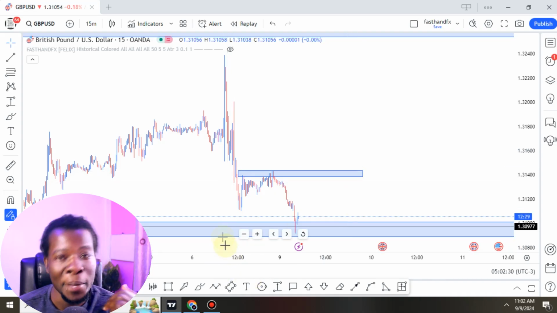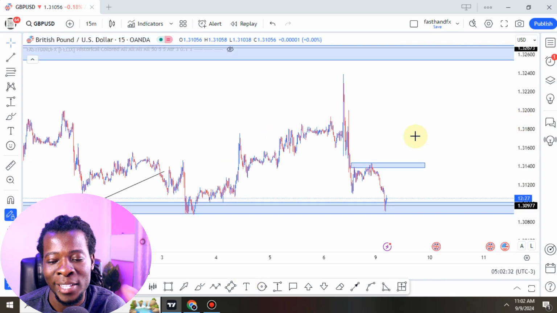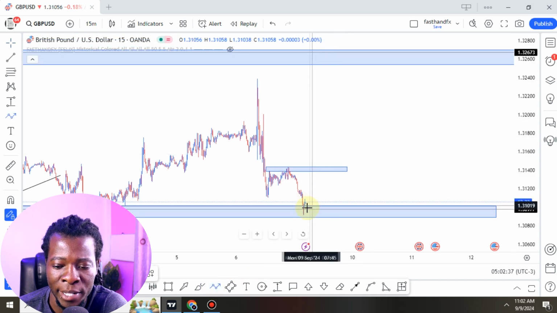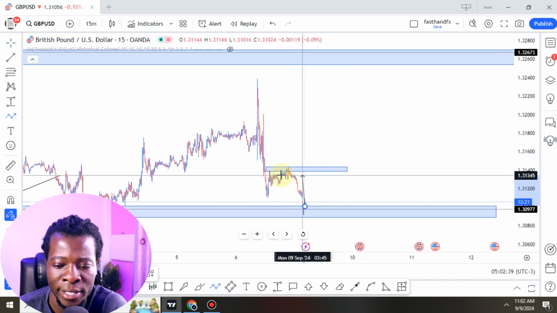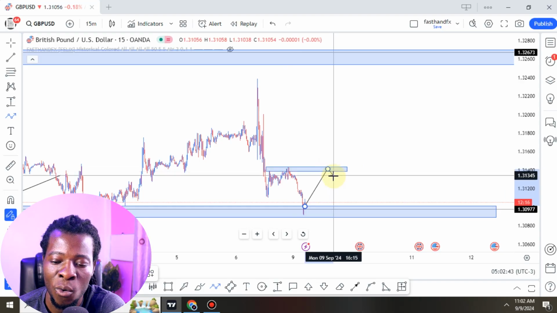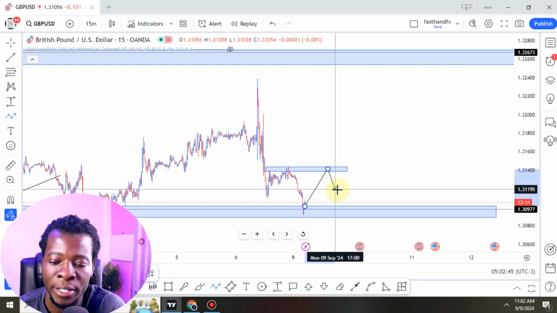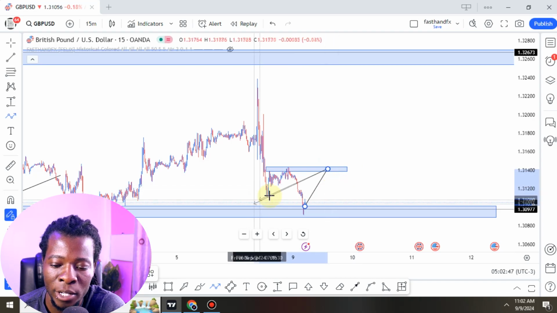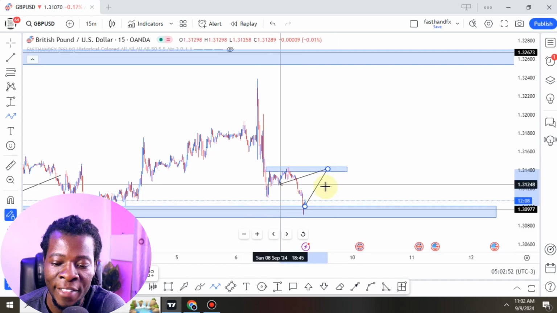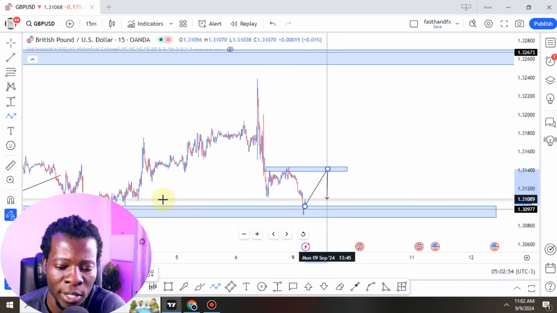Now let's see, if we were to look for buys, if I want to look for buys, this is how I'm going to approach this market. I'm still anticipating price to go back and retest this level that she did bounce off, something like this. Then once we see the market respecting, probably going back to retest this high, low right there, or even this level right there, because that is where we see price consolidated for a while.